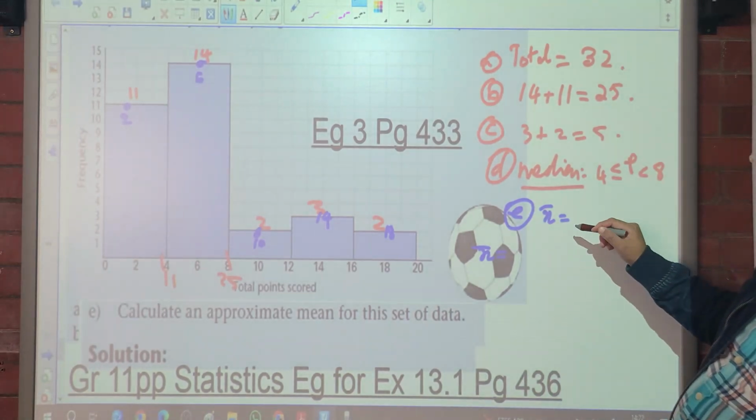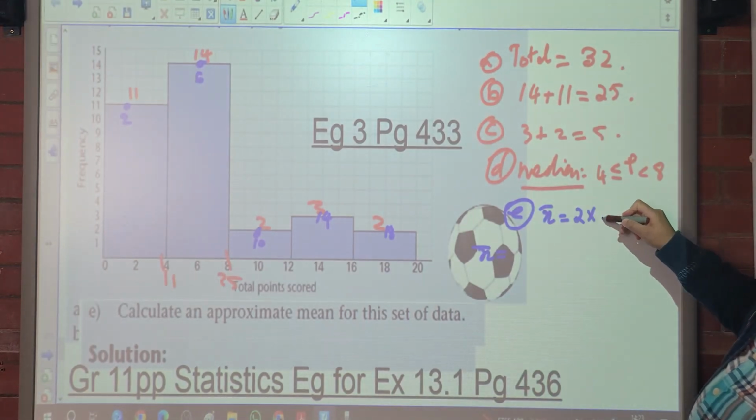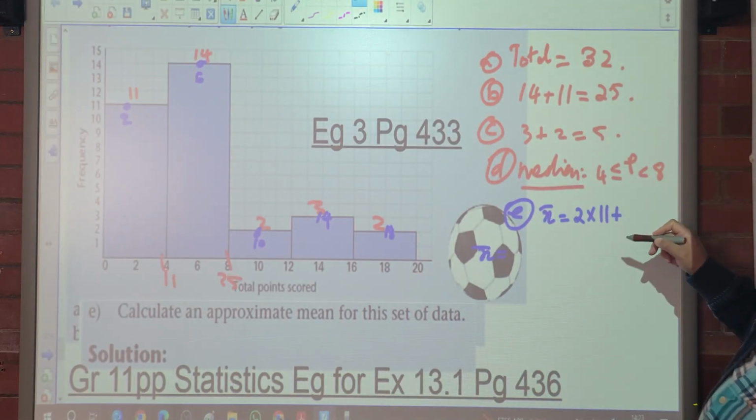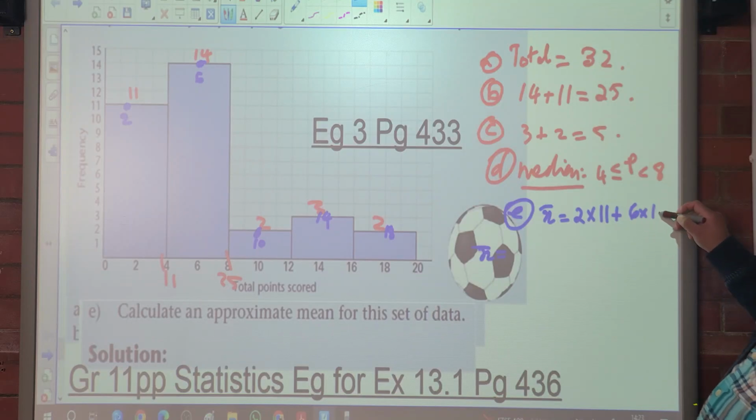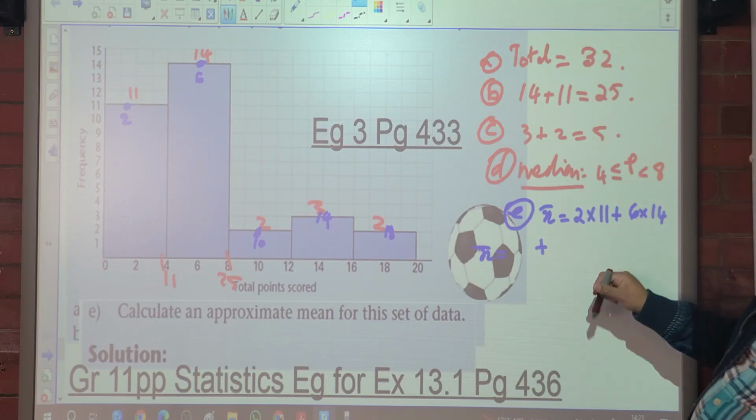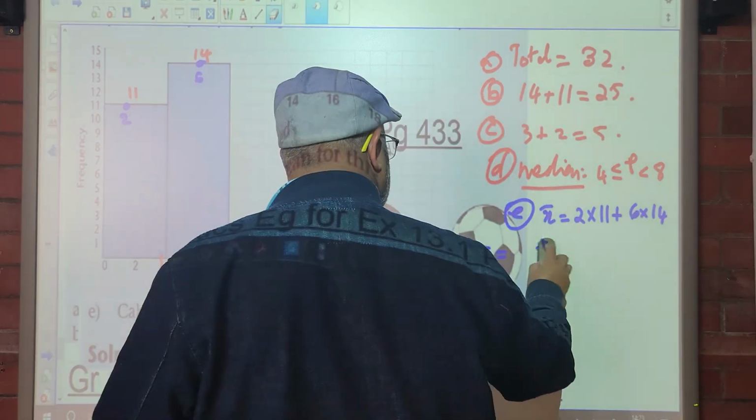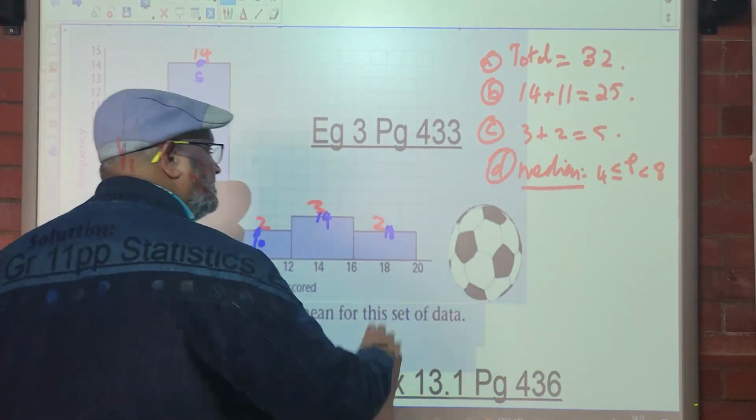So what we do is we say 2 times 11 plus 6 times 14 plus. Because of space here, I'm going to move it over a bit.